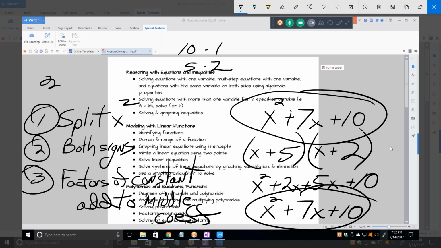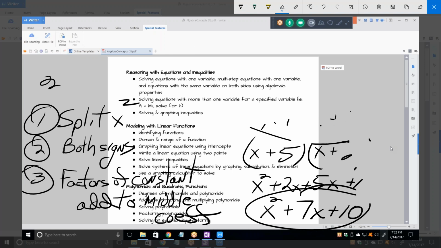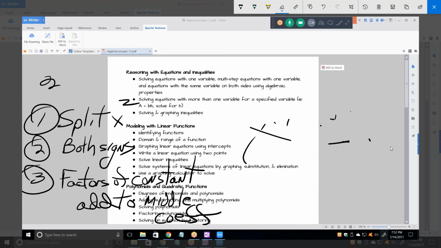Okay, on our simplest factoring problems, that's always what we're going to do. I'm going to give you a couple of other real simple ones. I want you to go through these 3 steps.